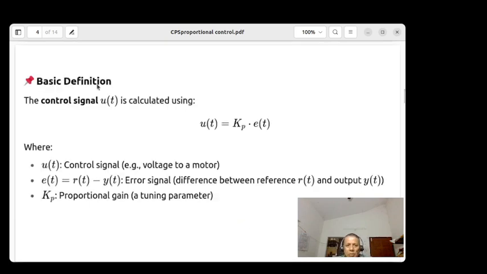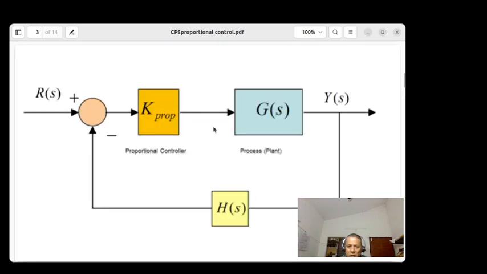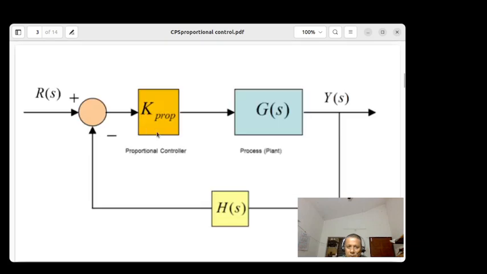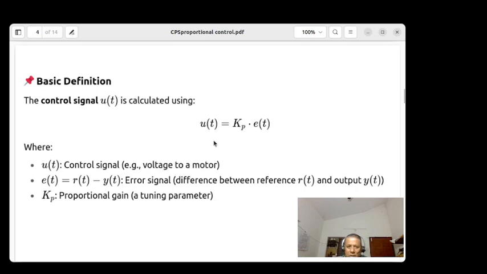And the basic definition of the control system: the signal u of t is calculated using Kp into E of t, where u of t is the control signal.